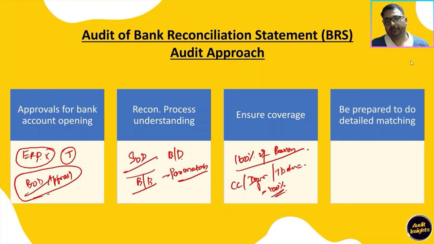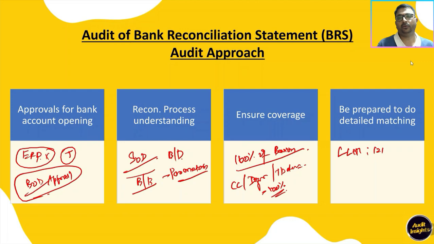The next thing, which is very important, is be prepared to do detailed matching when you are budgeting for your audit, when you are discussing the time that is required. Be prepared or allot adequate time for detailed matching, that is line by line matching or one-to-one matching. This is where you will find issues.